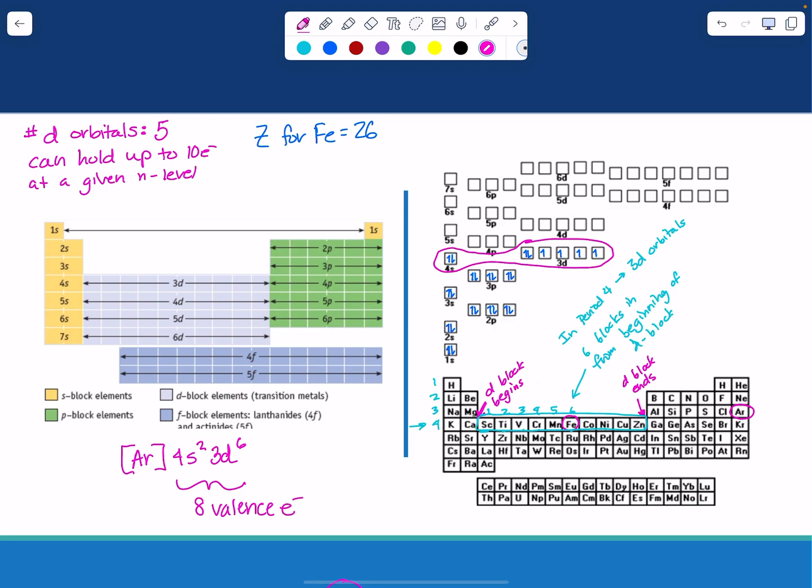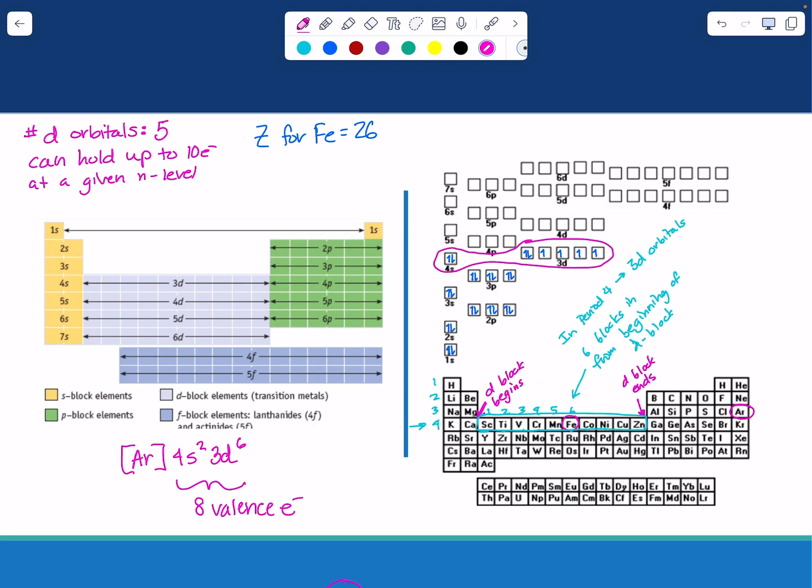All right, look at the periodic table and look at the B column numbers. Which column does iron fall in? It's 8B, right? Now you'll notice that there are 3 columns that are considered 8.